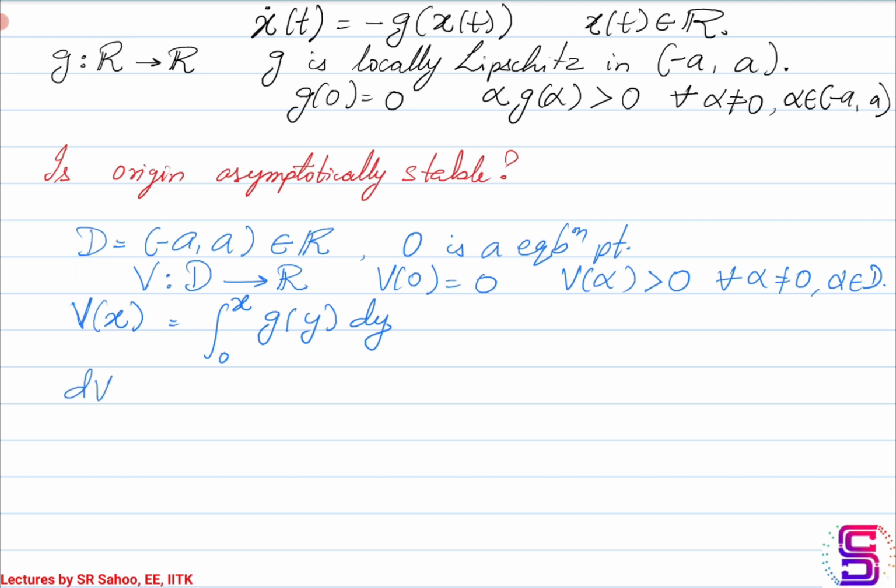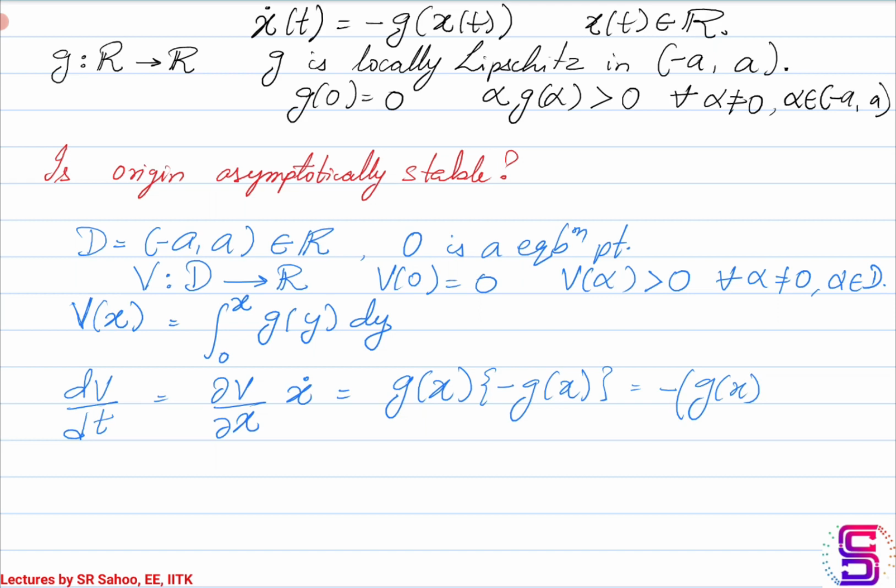Now when we do dV by dt, this is nothing but del V by del x times x dot. Del V by del x is g of x, and x dot is minus g of x. This gives me minus g of x squared. This is 0 only when x is 0, and the rest of the time it is negative.